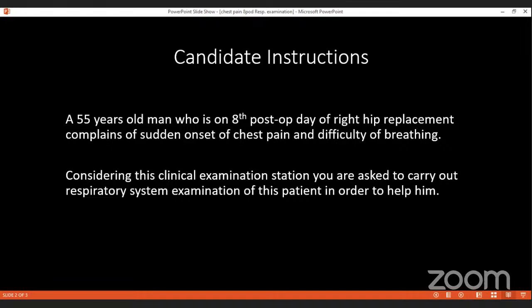If it is massive, I'll opt for thrombolysis, using streptokinase or urokinase. You have to consider that hemodynamics is also compromised. If the hemodynamics of the patient is compromised, then I'll go for either catheter-directed thrombolysis or open thrombolysis.